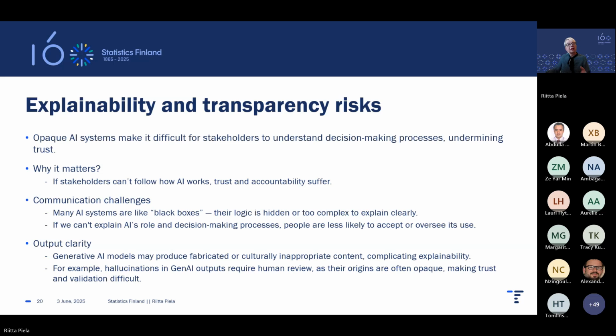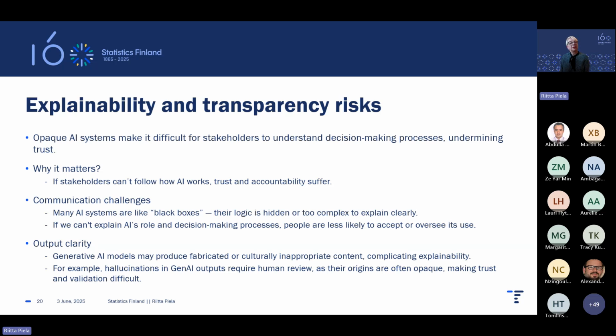And then explainability and transparency risk. Although in the responsible AI principles, explainability and transparency are totally separate things, in this risk classification I've added them into one and the same risk class. A lack of explainability and transparency can make it difficult for stakeholders to understand the whole decision-making process, and that really undermines trust.